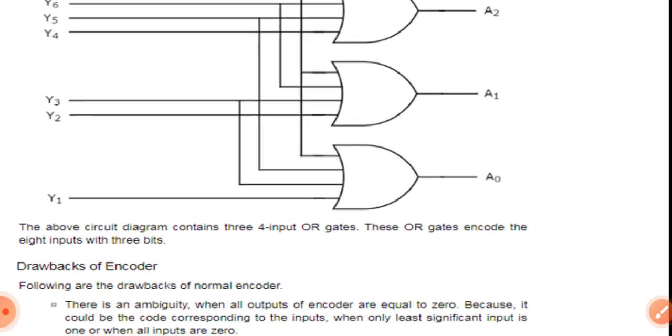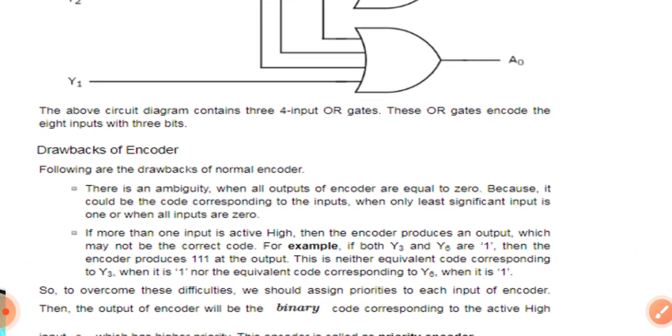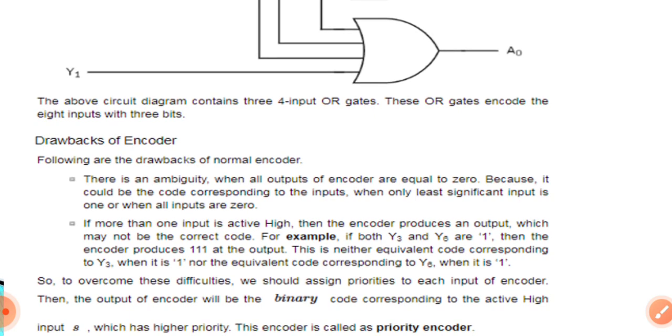The drawback of the encoder is the ambiguity when all the encoder outputs are equal to 0, because there could not be a code corresponding in the outputs. The least significant input is 1 when all the inputs are 0.